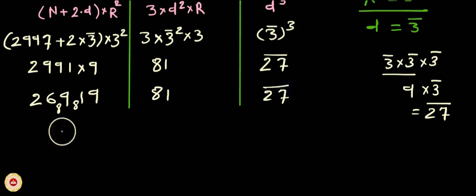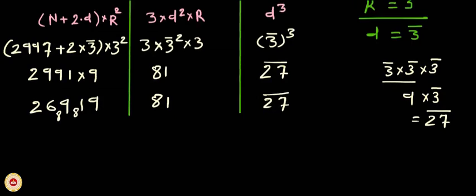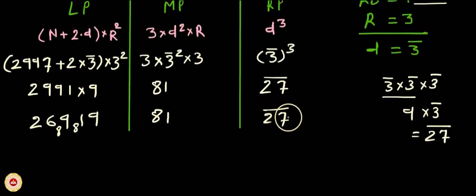Now it is time to balance middle part and right part. To balance, let us count the number of zeros in the real base. How many zeros are there in the real base? 1000. 3 zeros. It means that, friends, we need to have 3 digits in the right part and 3 digits in the middle part.